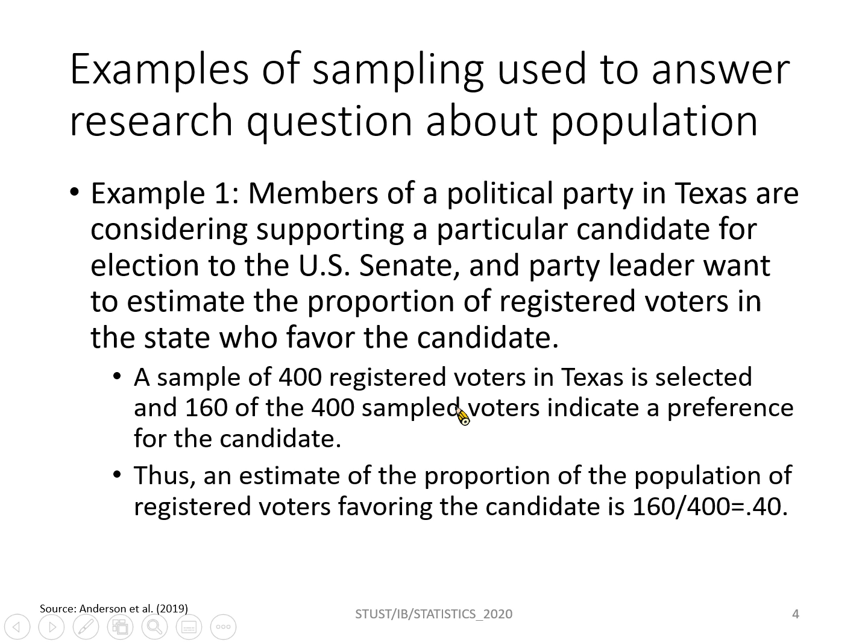So they use a sample of 400 registered voters in Texas, and 160 of the sample voters indicate a preference for the candidate. So it's an estimate of the proportion of the population of registered voters favoring the candidate.